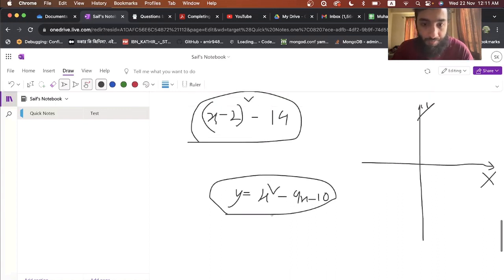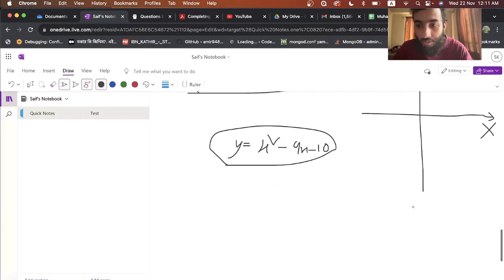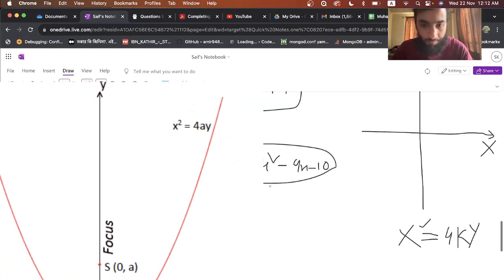This equation represents a parabolic equation in the form of what? x square equals 4 into a constant into y. So this is the form.